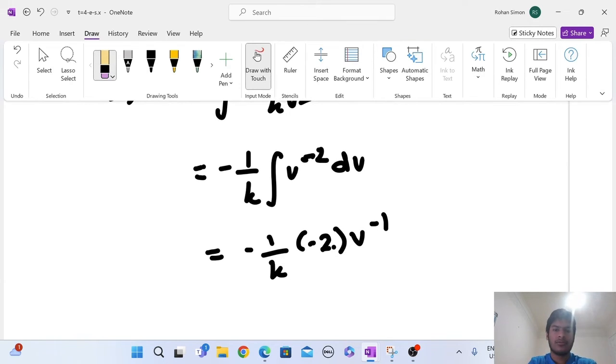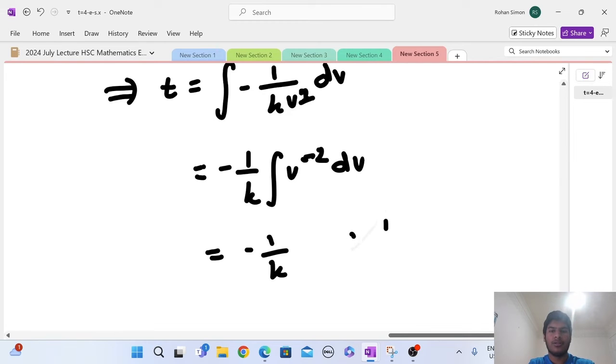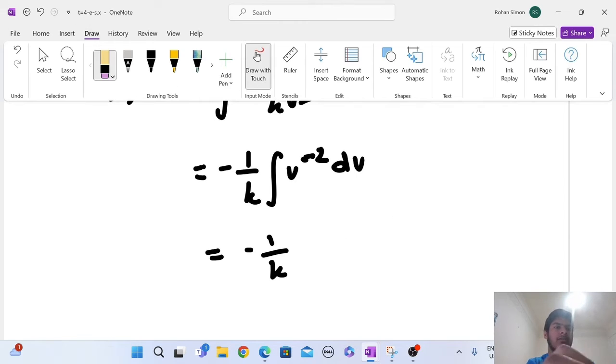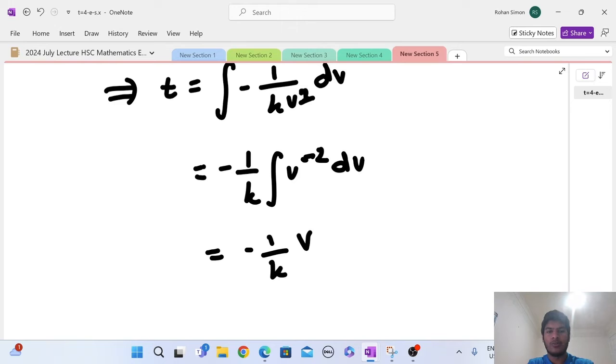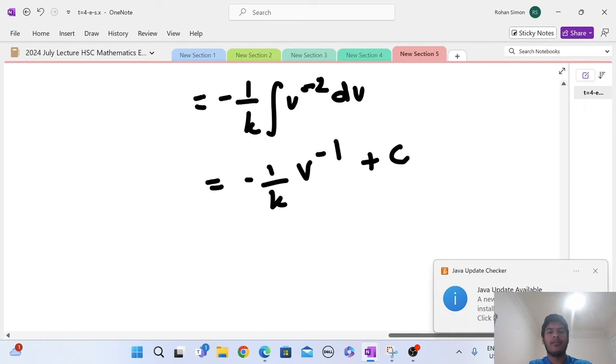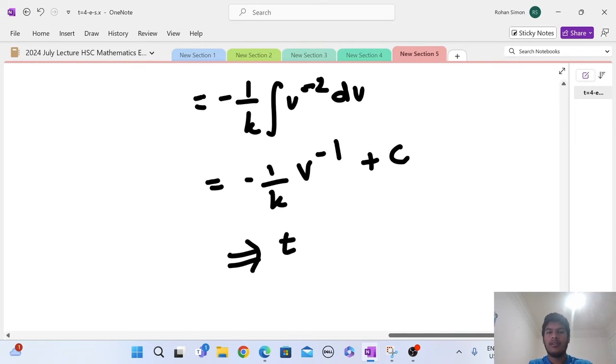That shouldn't be there, that should be v to the minus 1 plus c. And so we end up with t equals minus 1 on kv plus c.